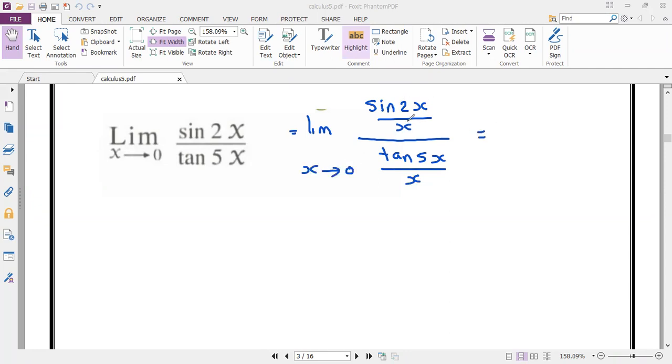So for the limit of sine 2x over x, you will divide by the coefficient of the angle, which is 2. I have here 2x and I have here x. So the limit of the numerator is 2, divided by tan 5x over x, which is 5. So it's 2 over 5.